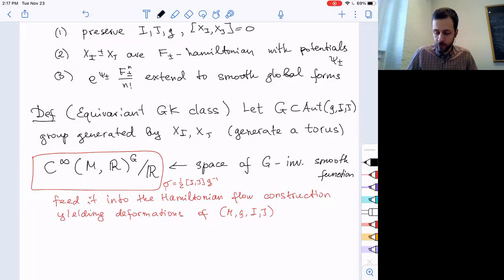And the orbit of this flow construction is what we will be calling the equivariant generalized scalar class.